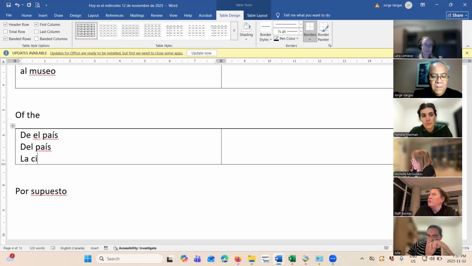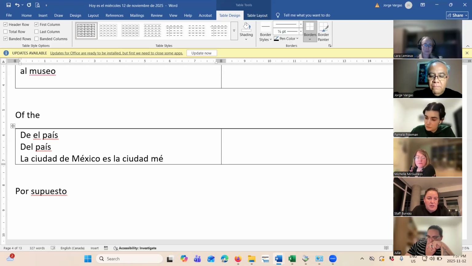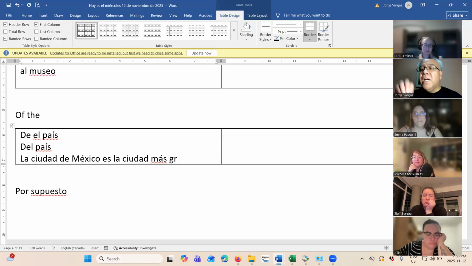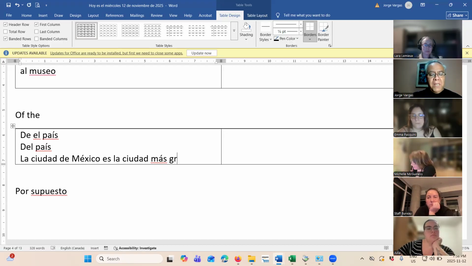La Ciudad de México es la ciudad más, and here is where we put the más, grande. Is the biggest city in the country. And we are targeting of the country. Okay? So we say La Ciudad de México es la ciudad más grande of the country.